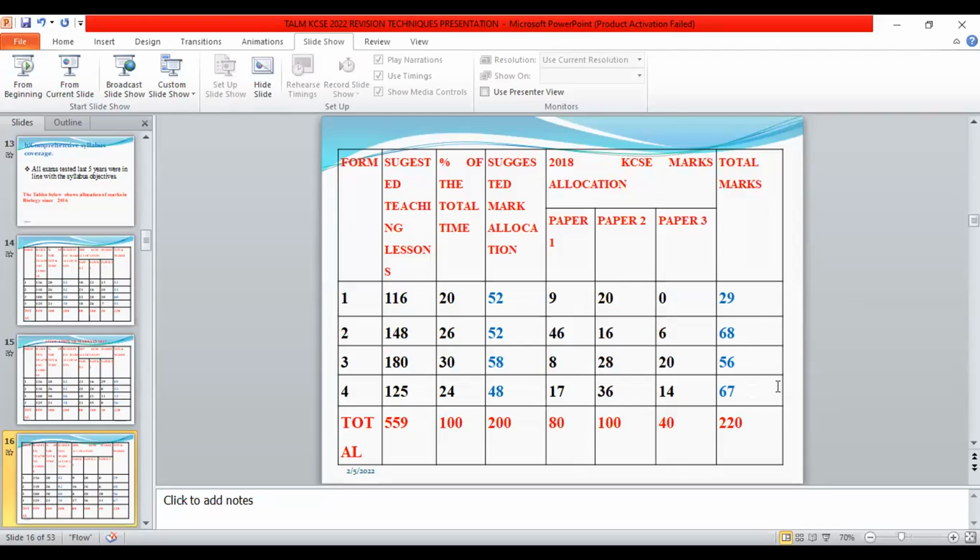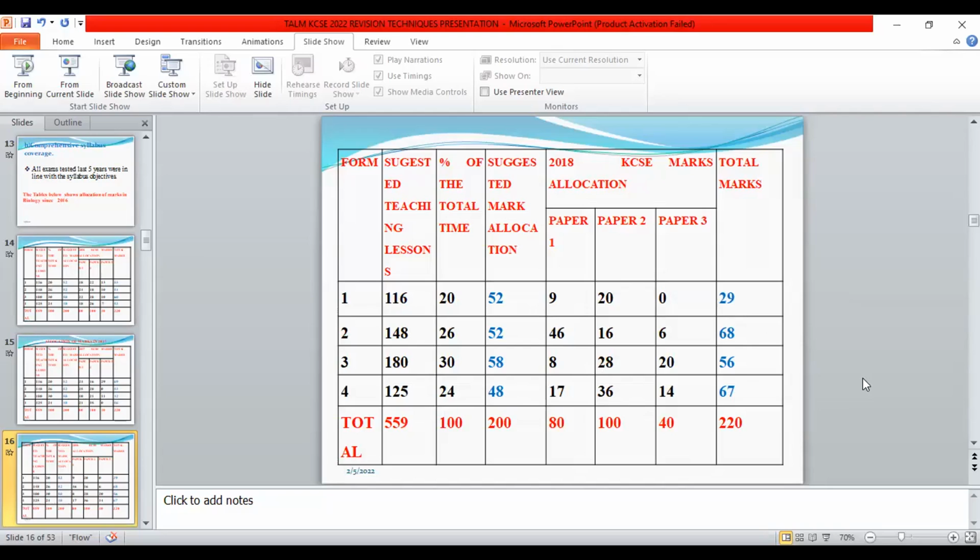So you can see now, Form 2 work and Form 4 work was more emphasized. So any candidate, for example, if there was any school that had not completed the syllabus adequately, the students were disadvantaged.